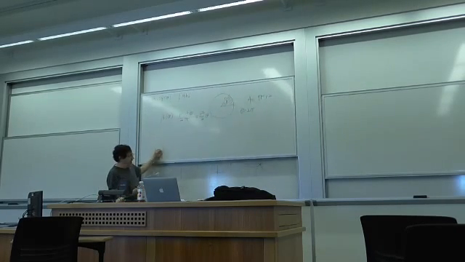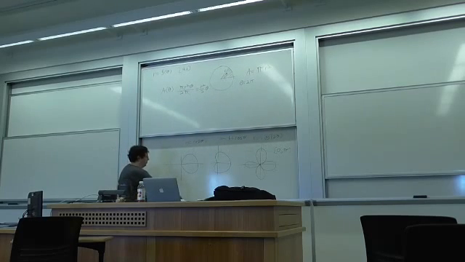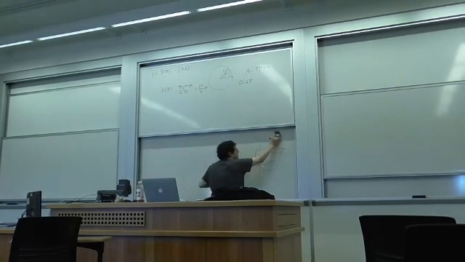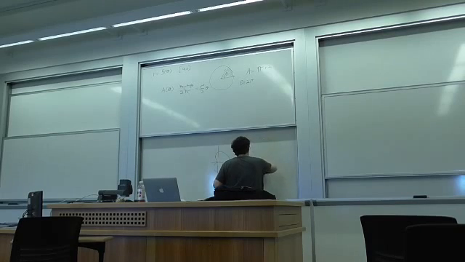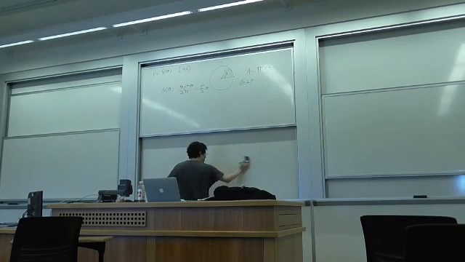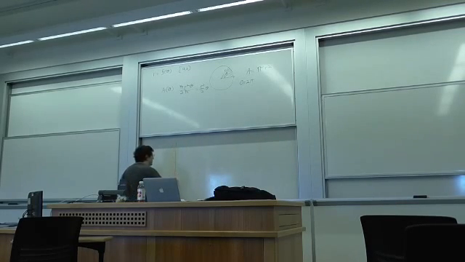So the idea here now is we have some function that goes from, say, angle A to angle B, and we have some f of theta.